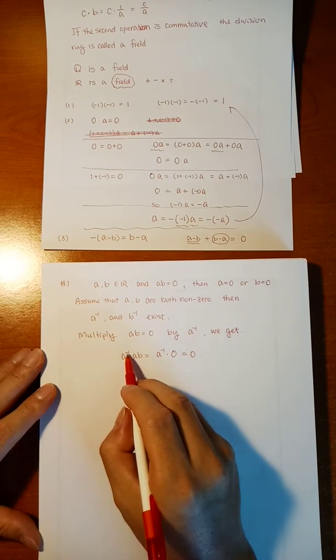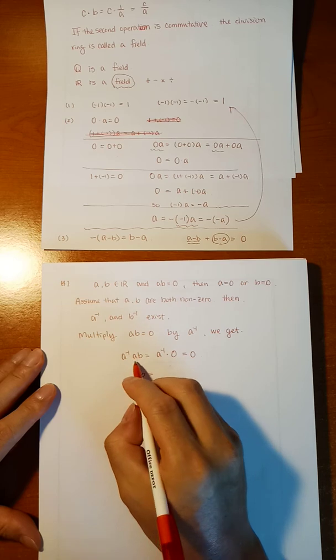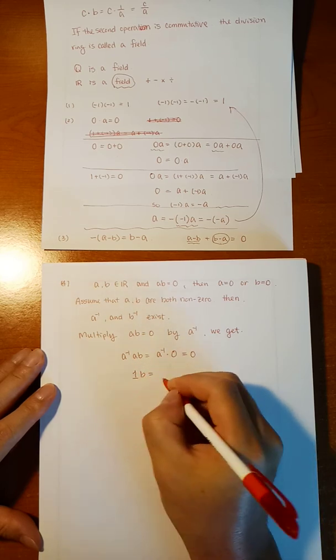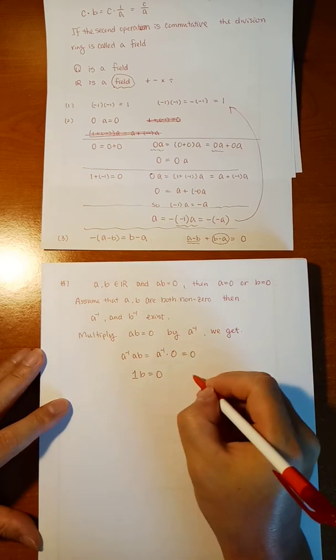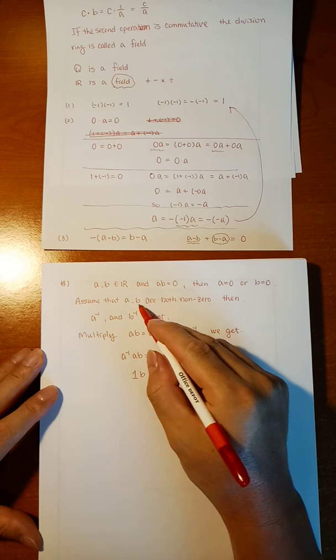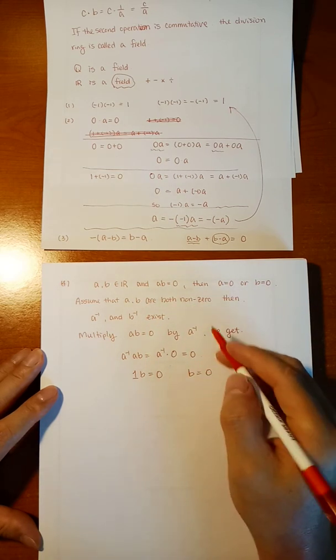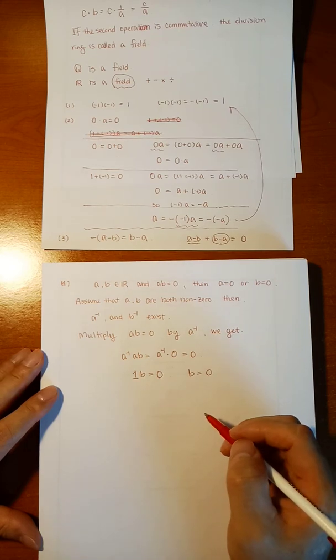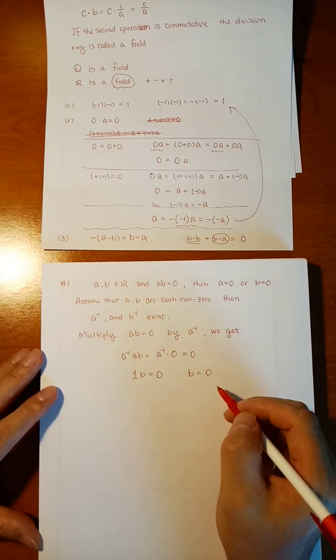And A inverse times A is identity. Identity times B is B. So we get B equal to 0. So that's a contradiction. We assumed both are non-zero, that's wrong, so your assumption is not correct. So if A is not 0, you will definitely get B equal to 0.